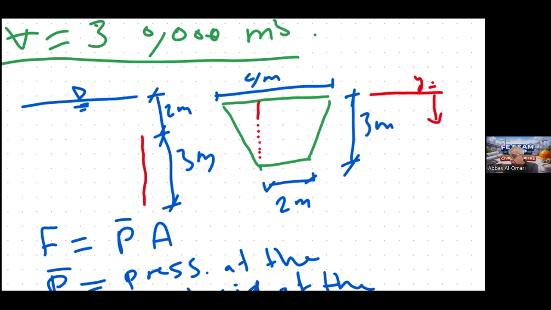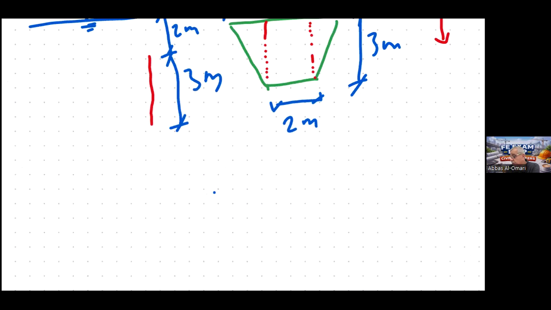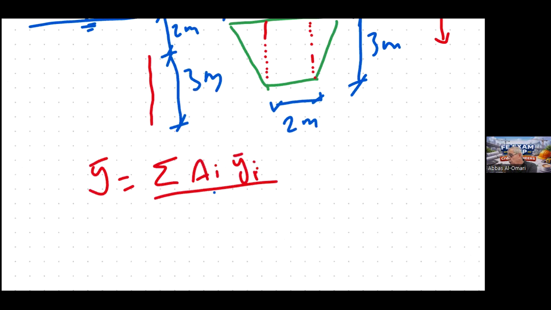for this shape. So the Y bar equals sigma A_i Y_i divided by sigma A_i. So here we have 3 areas.